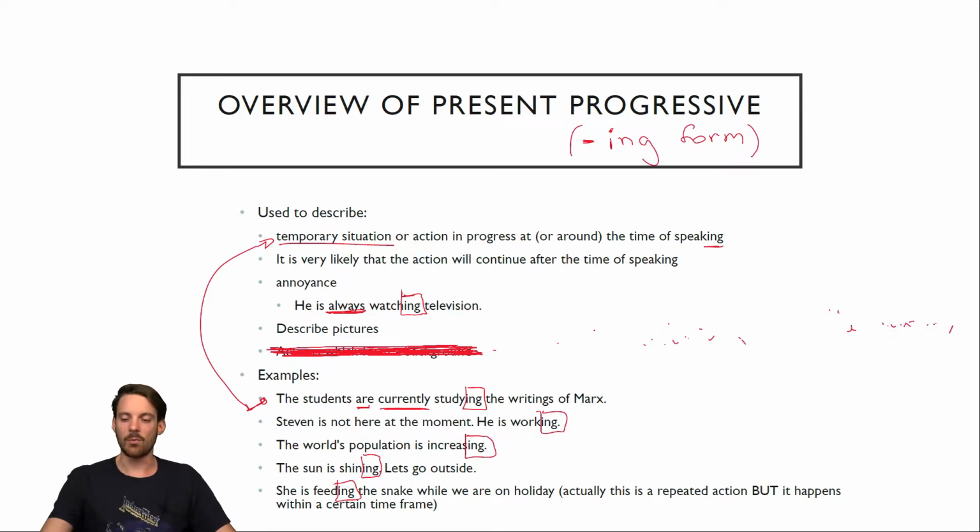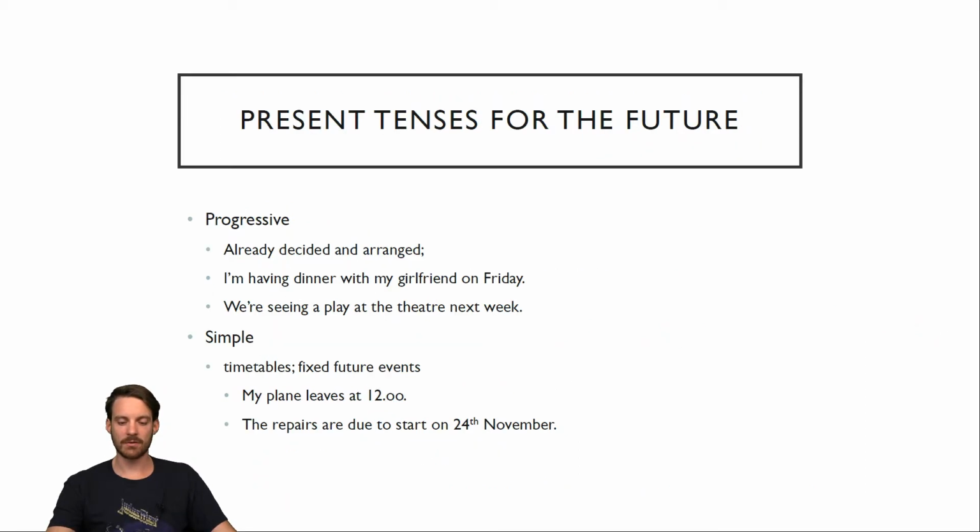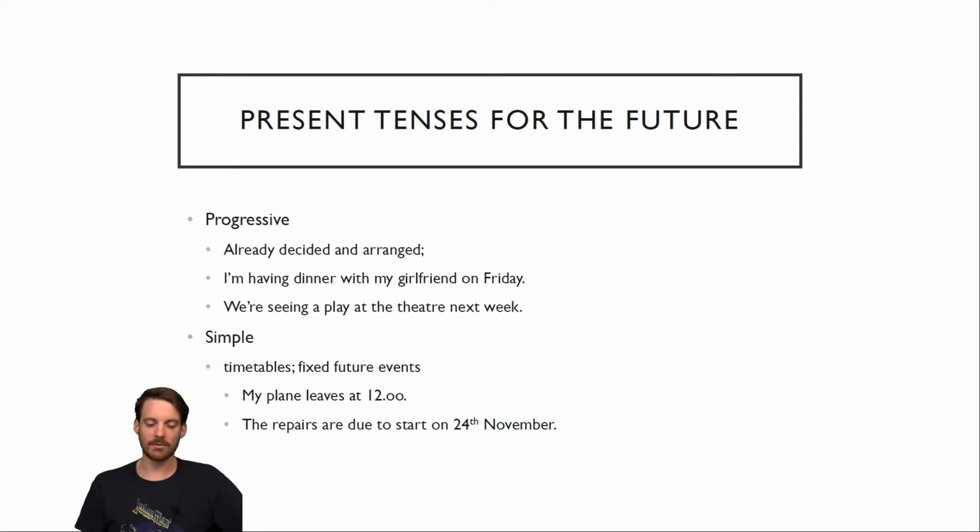Now we're going to move on to the present progressive. Oh no, that's the next slide, I'm sorry. The present tense is for the future. So I've mentioned it in the beginning, and basically you can use the progressive and the simple present tense for future arrangements and fixed events.